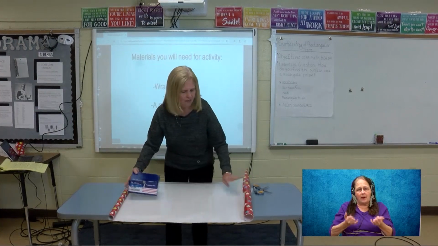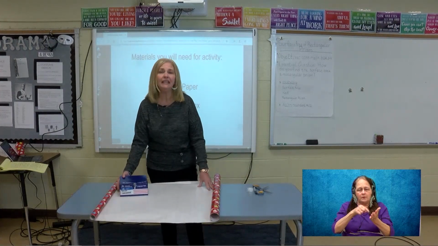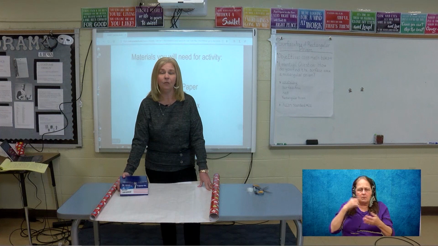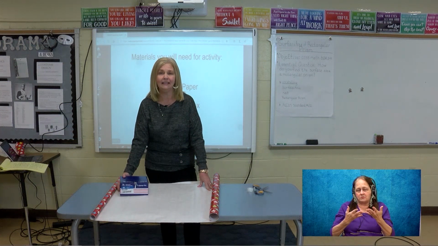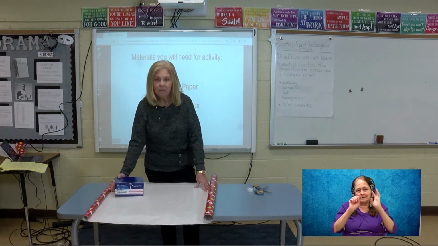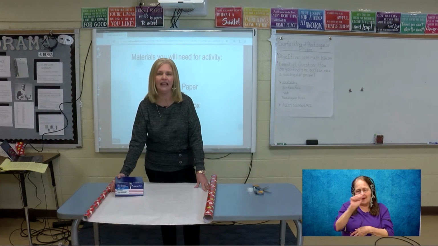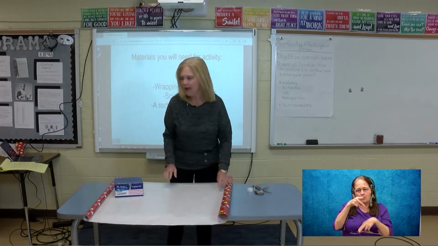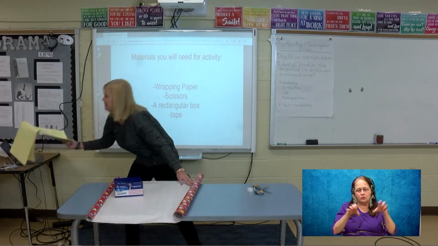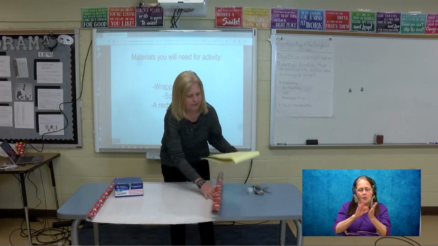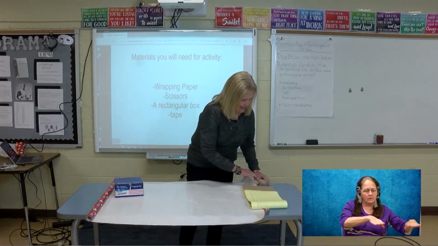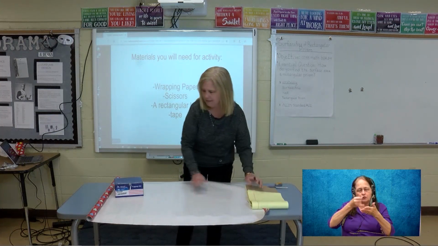Now, the way that we do this, how many pieces should I have when I'm done with this for my net? 6, because there are 6 pieces for a net of a rectangular prism. So what I'm going to do, let's put this notebook here so the paper will stay steady, is I'm going to draw the net.